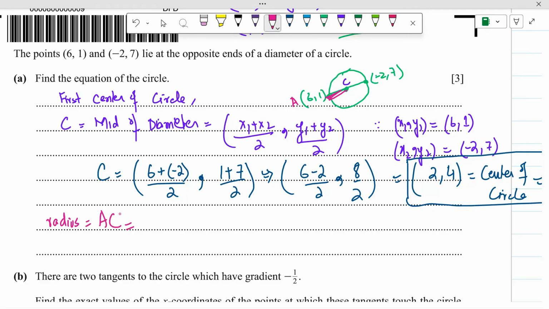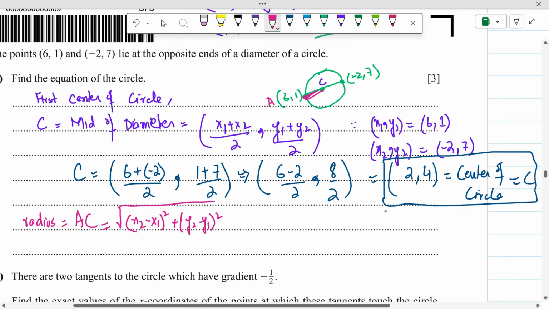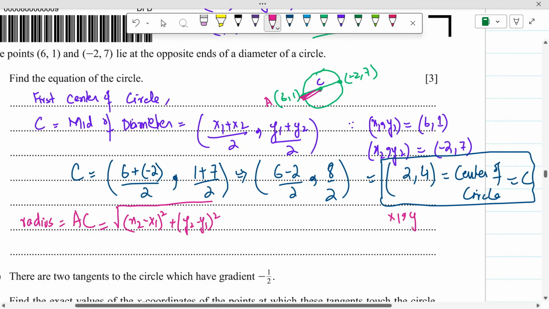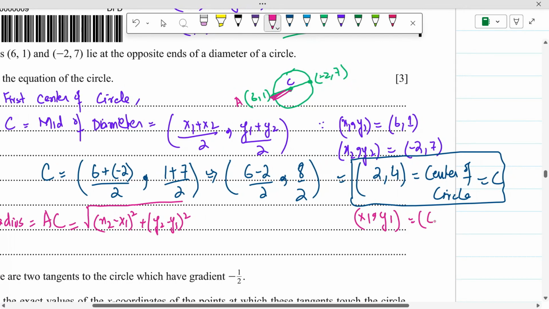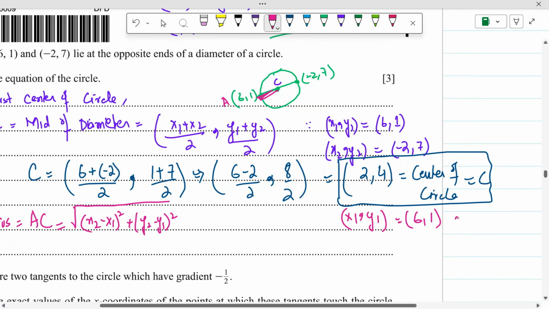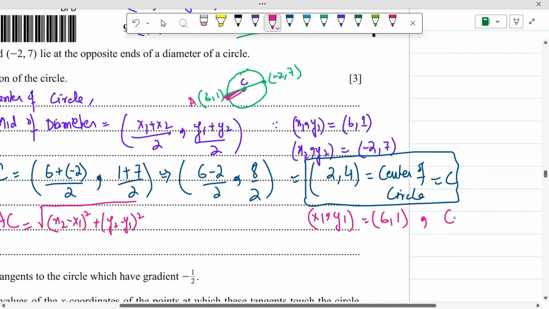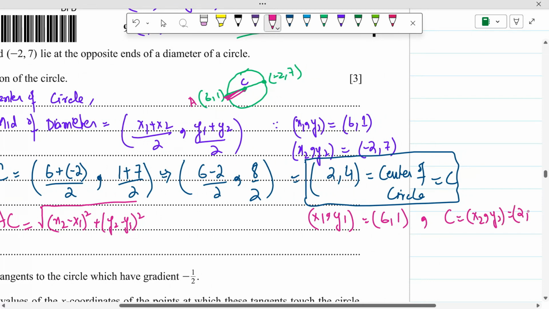This AC can be calculated by the distance formula, which is the square root of (x2 - x1) squared plus (y2 - y1) squared. In this case, x1 and y1 are the endpoint of the diameter, (6, 1), and the other point is the center C, so x2 and y2 are (2, 4).